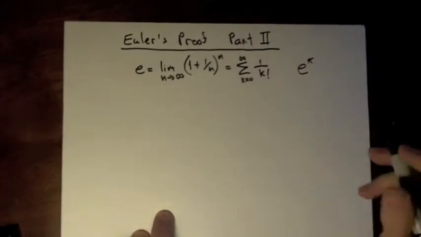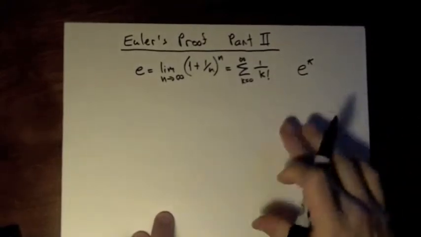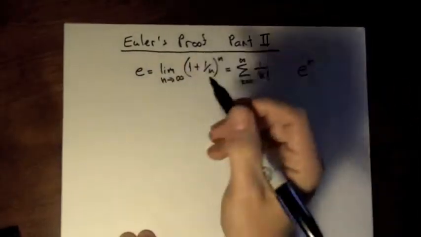So before we can jump into this, we're going to have to do a little bit of limit work, which is going to be a little bit painful, but I think we can make our way through it.